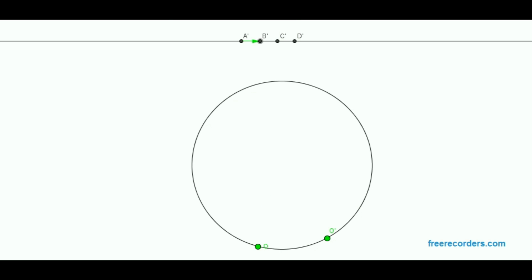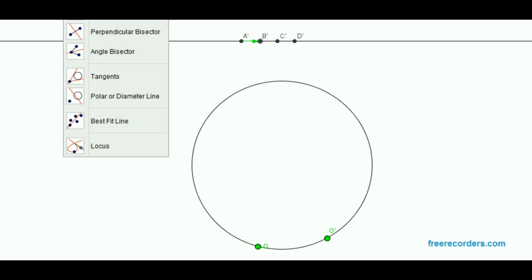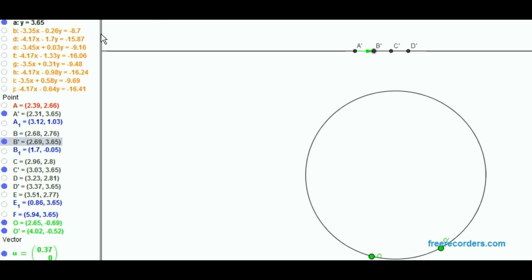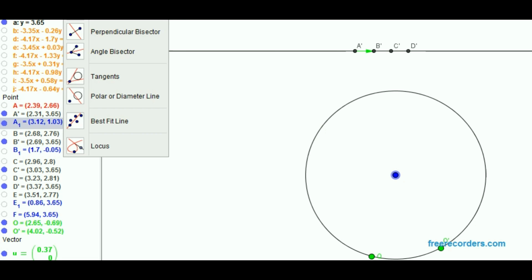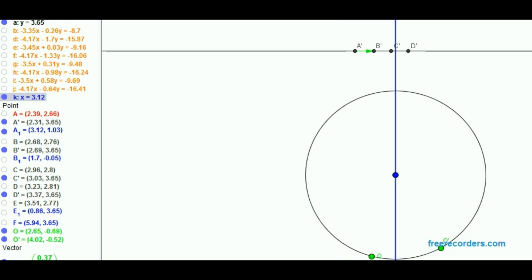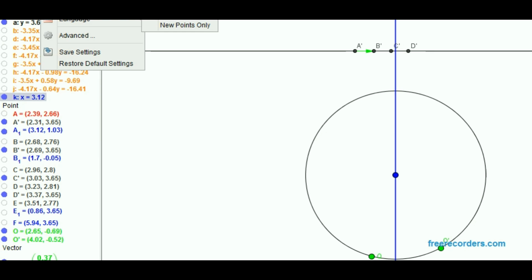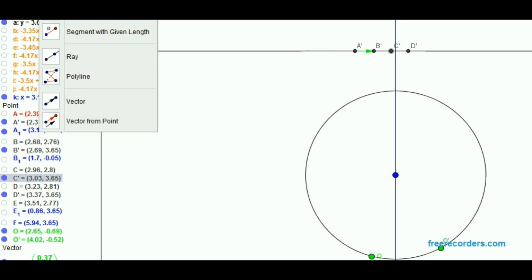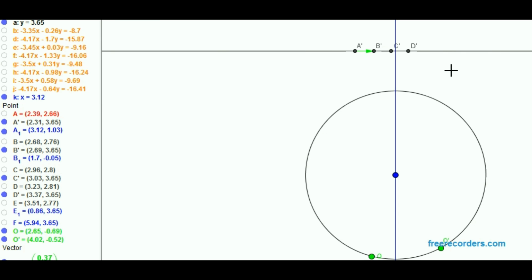We're going to use them later. So if we get back the centre of our circle, and we'll drop a perpendicular from it to the line. Find where it intersects the line.